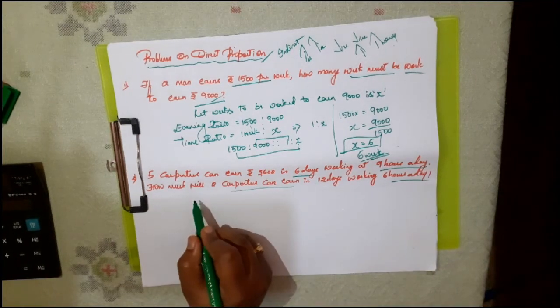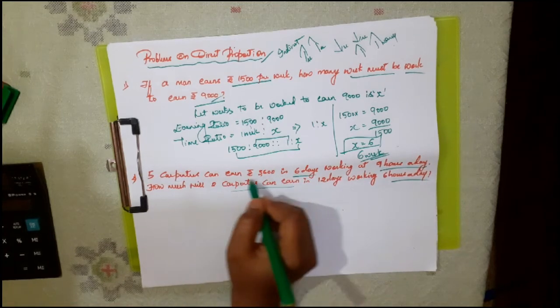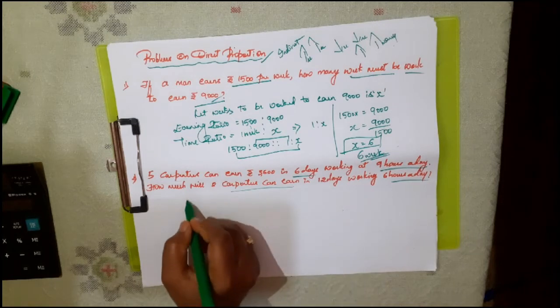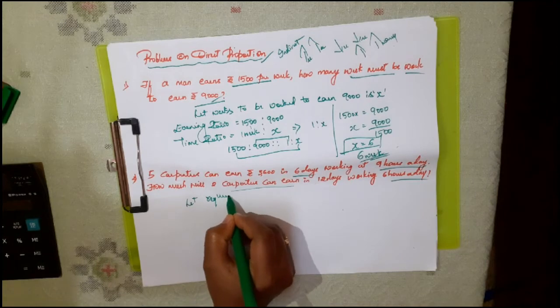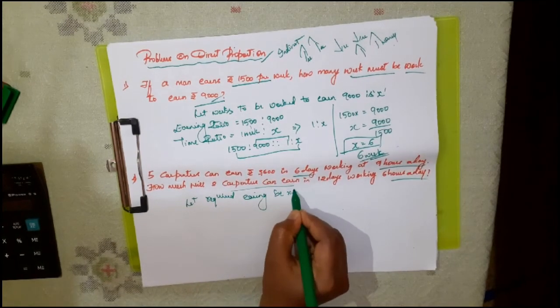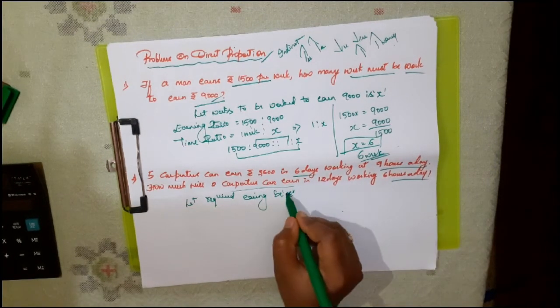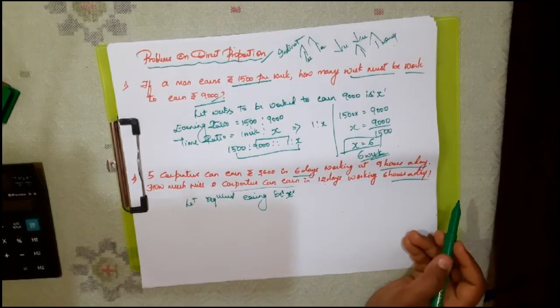So this question is explaining the relationship between work as well as earning. So let us assume the required earning be X. How much does he have to work to earn, if he is working as 8 carpenters, 12 days, 6 hours a day.